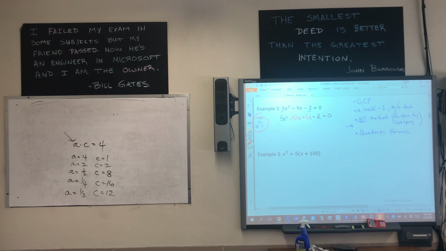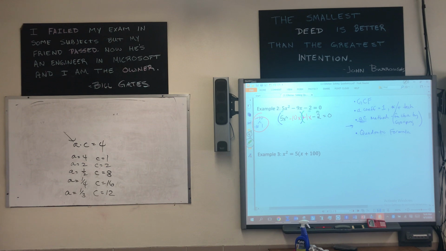Okay? So then we do factor by grouping. When we factor by grouping, and once you get in the habit of doing this, we're going to group the first 2 terms. Okay? And then we're going to group the back 2.